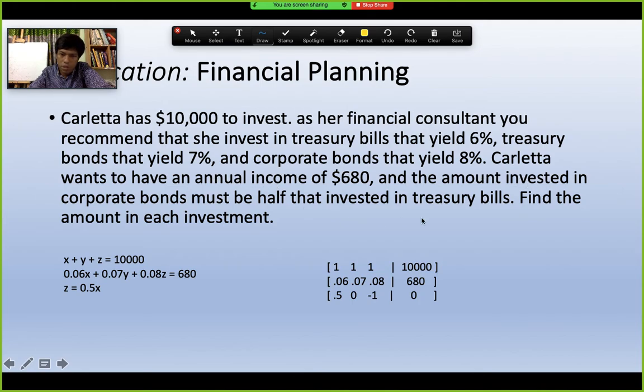She wants the amount invested in corporate bonds to be half that invested in treasury bills. So this is a new condition.